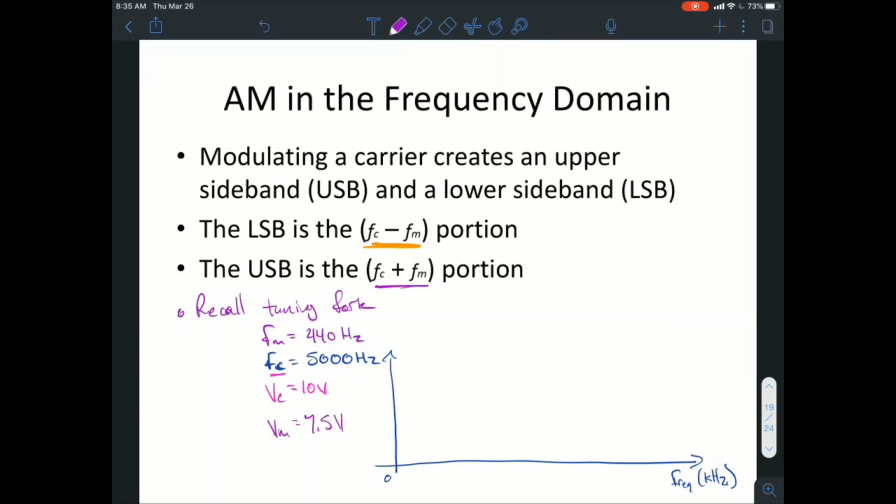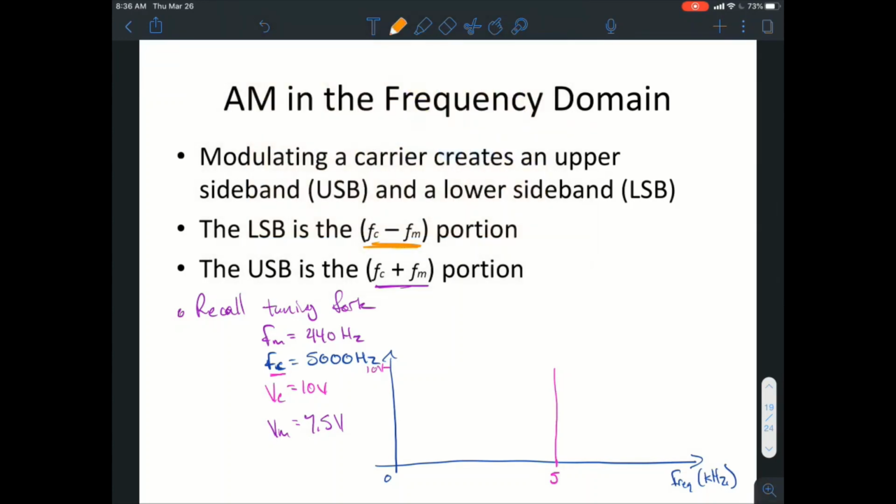So we go ahead and work this out. We're pairing V sub c of 10 volts there with 5,000. So if we say that this is 5 kilohertz, that's 5,000 hertz. We can then bring that up, draw the spike right there, and that's going to be representative of our carrier frequency.